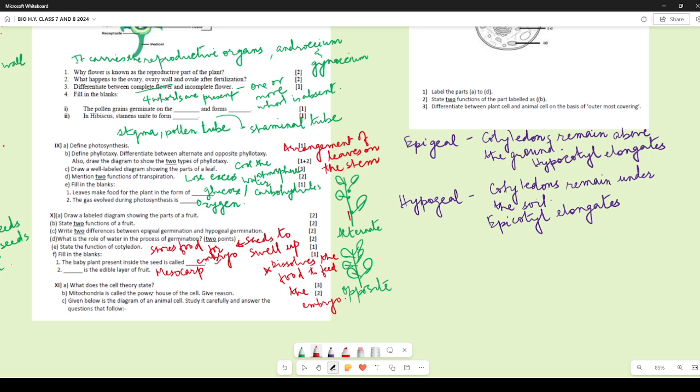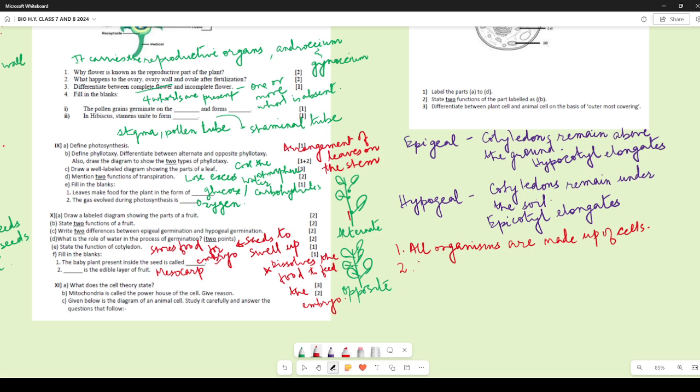Now, what does the cell theory state? Now, let us look at the points of the cell theory. It is for 3 marks, so let us look at the 3 points of the cell theory. What does it say? All organisms are made up of cells, right? Whosoever is living, they are made up of cells. That is what came as the first point in the cell theory.